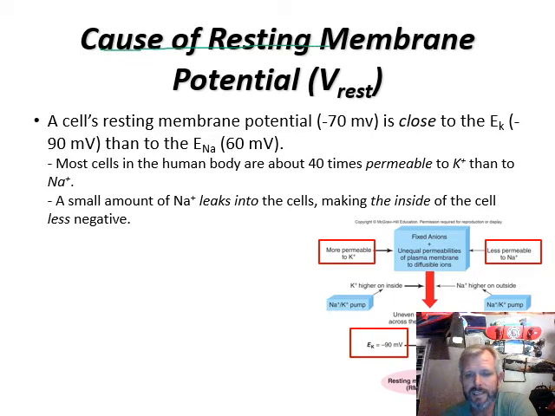The sodium-potassium pump is always working, keeping sodium higher outside and potassium higher inside, but we have those fixed ions, and the unequal permeability is the main reason we stay at negative 70. We are more permeable to potassium and less permeable to sodium when at rest.